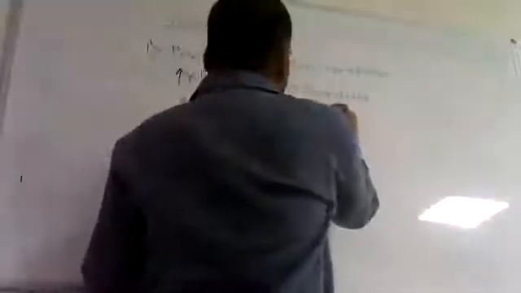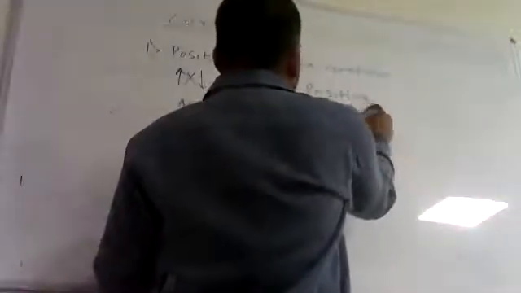When value of one variable increases, the value of second variable will decrease. It is the case of negative correlation. Positive correlation is when both the variables move in same direction, and negative correlation is when both variables move in opposite direction.